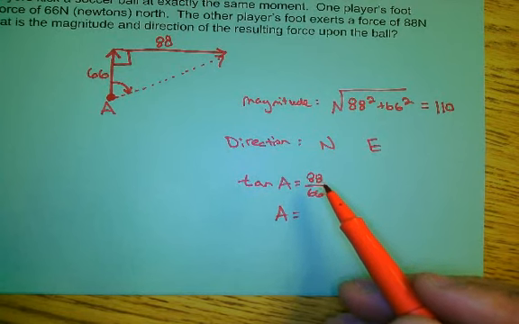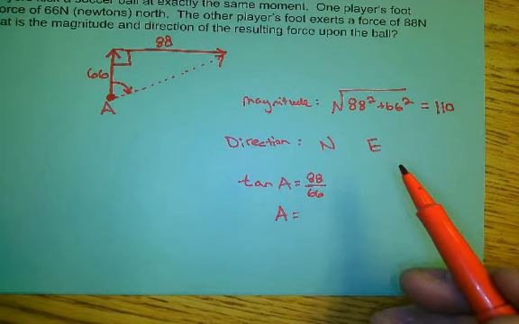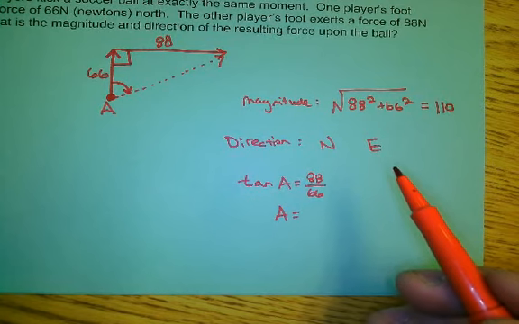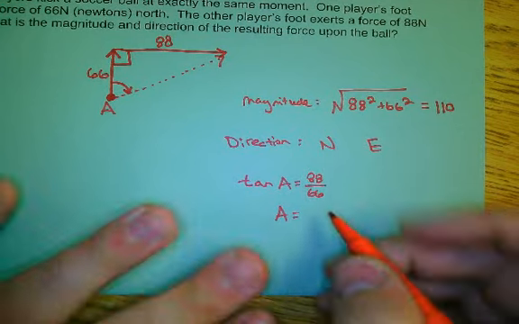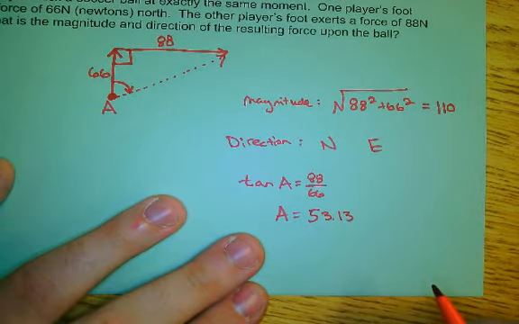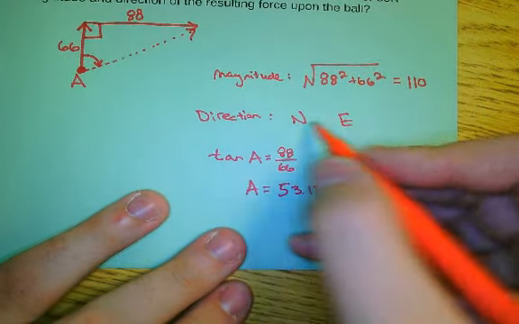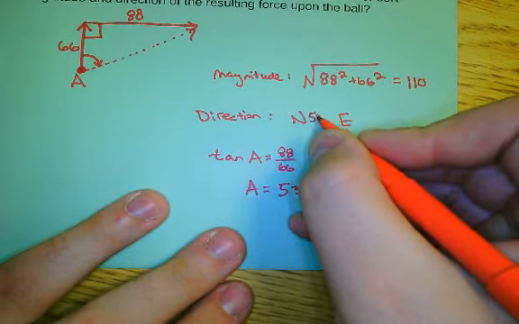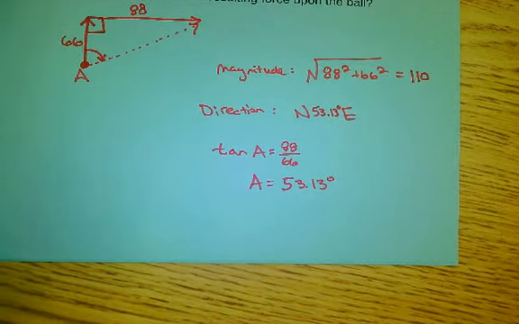So second tan of 88 over 66 in your calculator, in degree mode, gives me 53.13. Any more decimals after that? 0. So my direction would be north 53.13 degrees east.